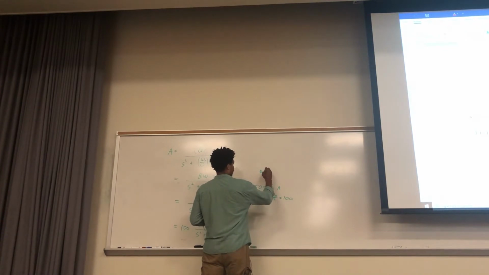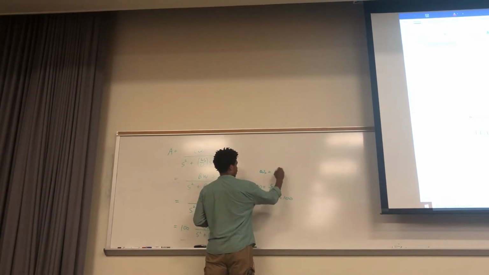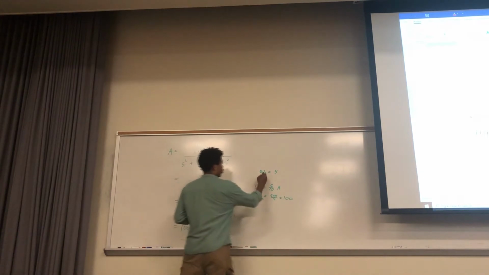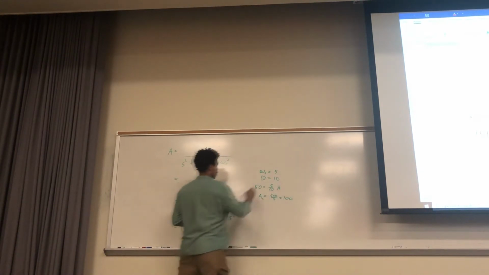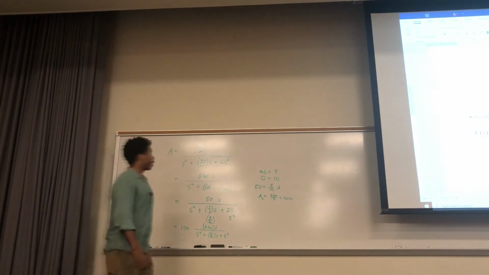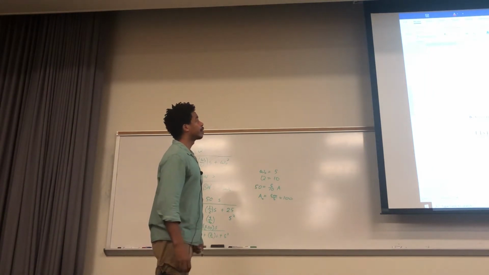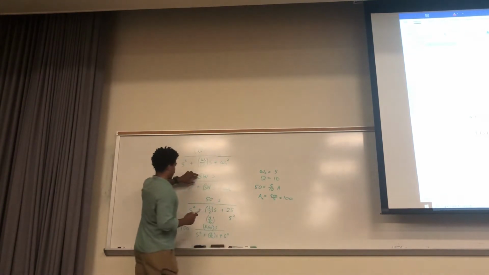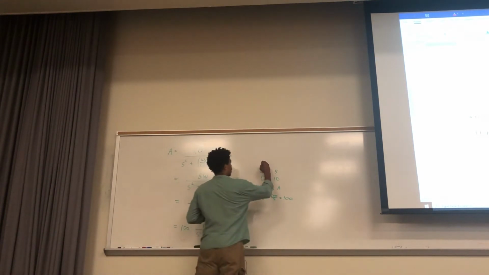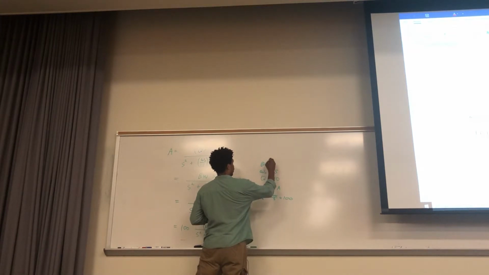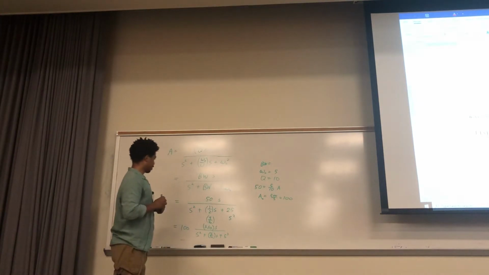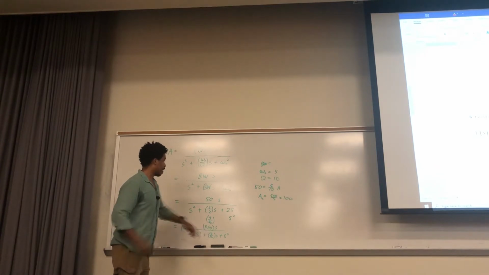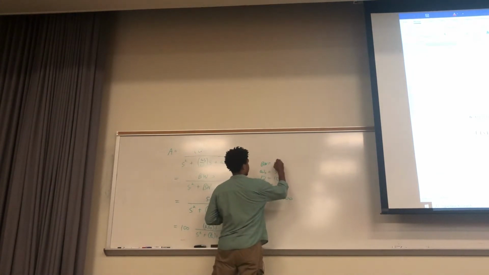Our frequency is going to be 5 radians per second. Our Q is going to be 10. Oh, we're looking for bandwidth too. So our bandwidth is just whatever that was, our 5 over 10, 1/2.